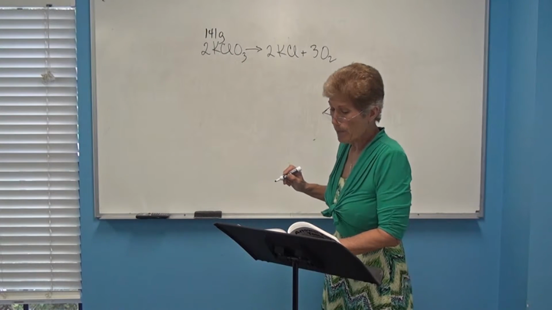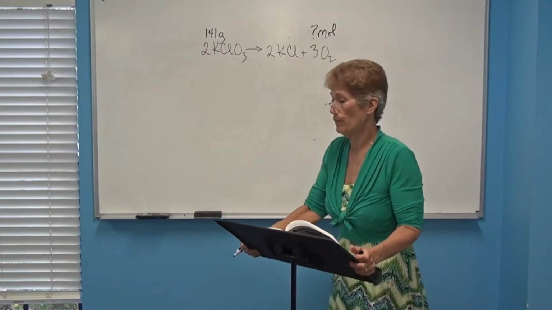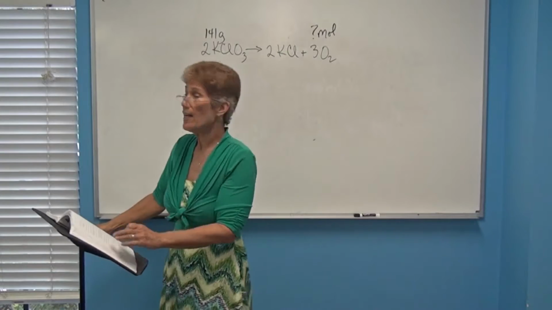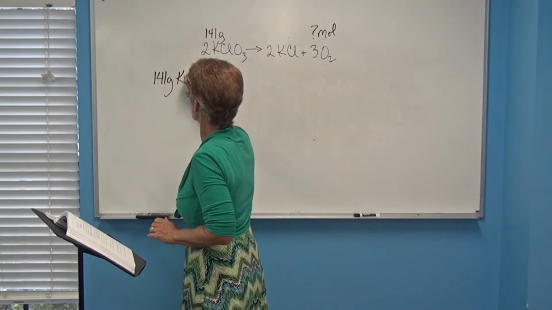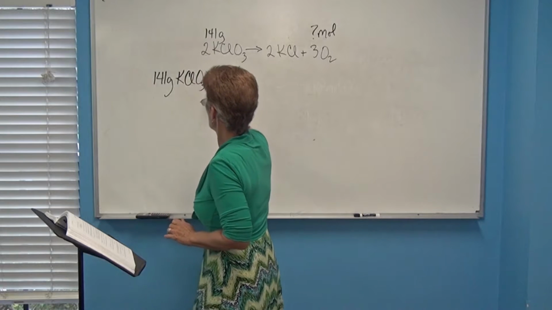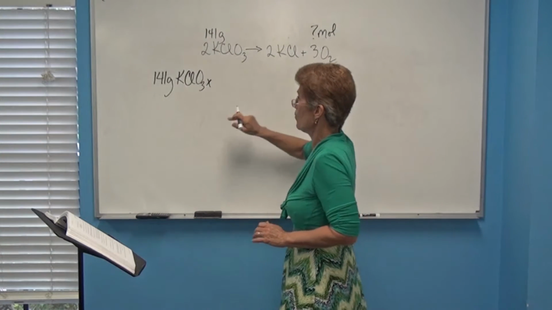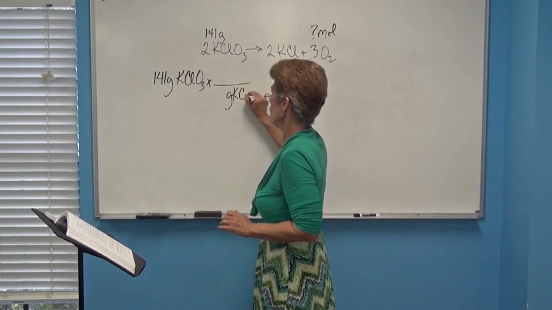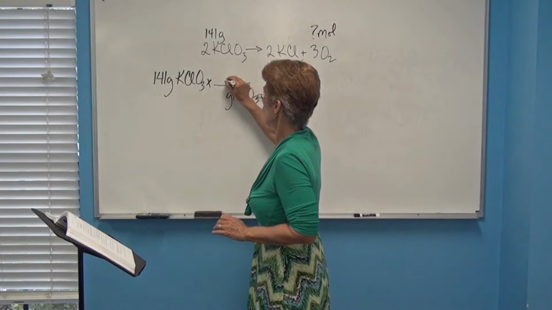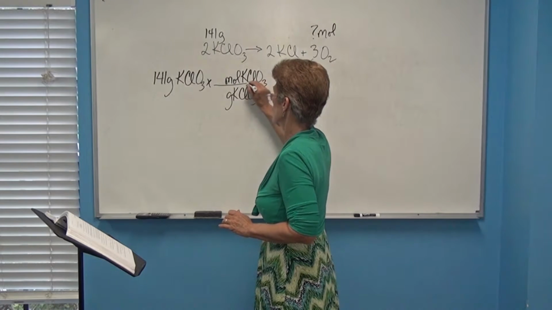And we want to know how many moles of oxygen are formed. There we go. So there we have our given and our get to. We're going to start with our given. We have to go from here to moles, and then we can go across to this amount of moles. So we're going to go times line. This goes down here. Now we're trying to get to moles, so we can go across that mole tunnel or bridge.